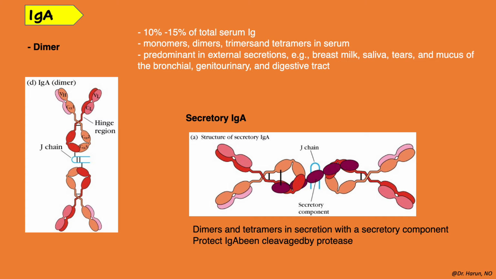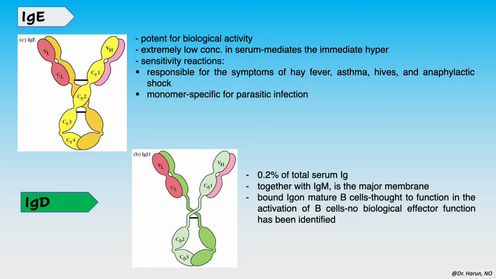So this is about the IgA. And for IgE, it is potent for biological activity, with extremely low concentration in serum, which mediates the immediate hypersensitive reaction, especially for those who have any allergic reaction or symptoms like hay fever, asthma, hives and also anaphylactic shock.